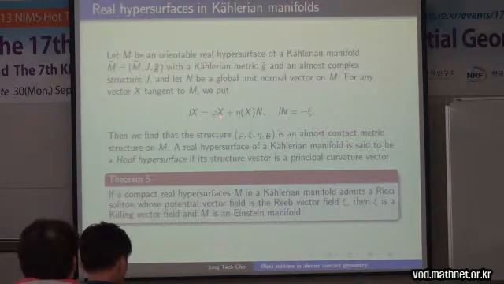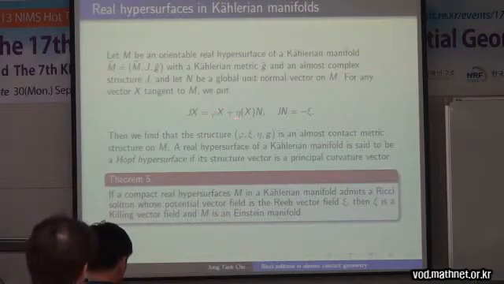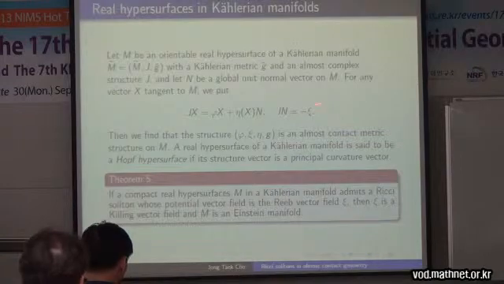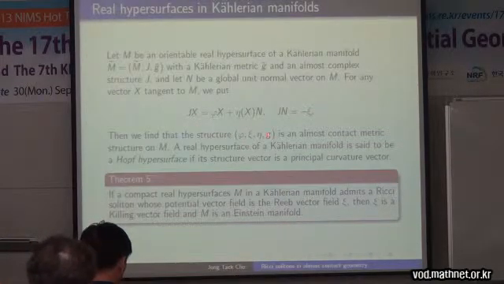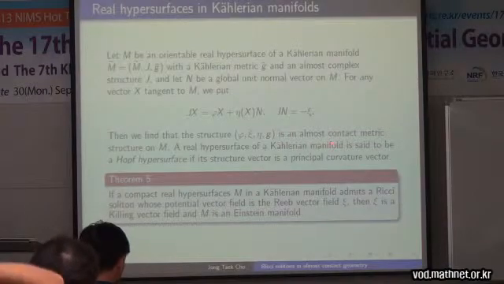JX has a tangential part and a normal part. Then it defines tensors phi and eta, and JN is minus xi, which defines the Lie vector field xi. Moreover, we find that phi, xi, eta, g is an almost contact metric structure.